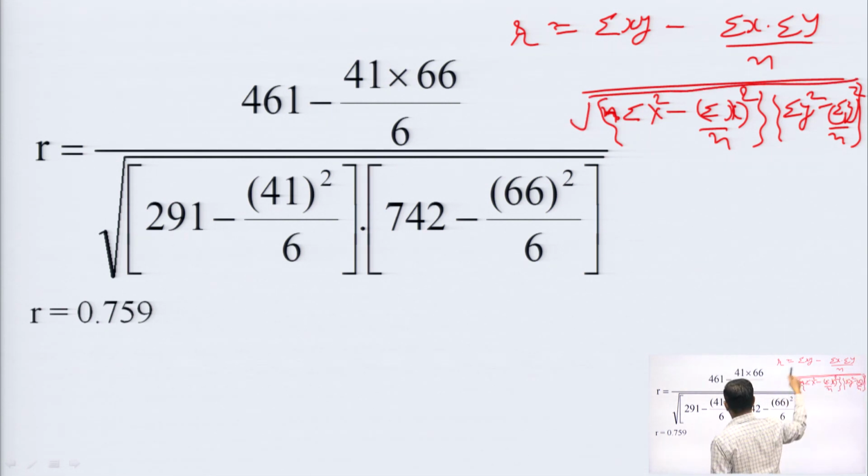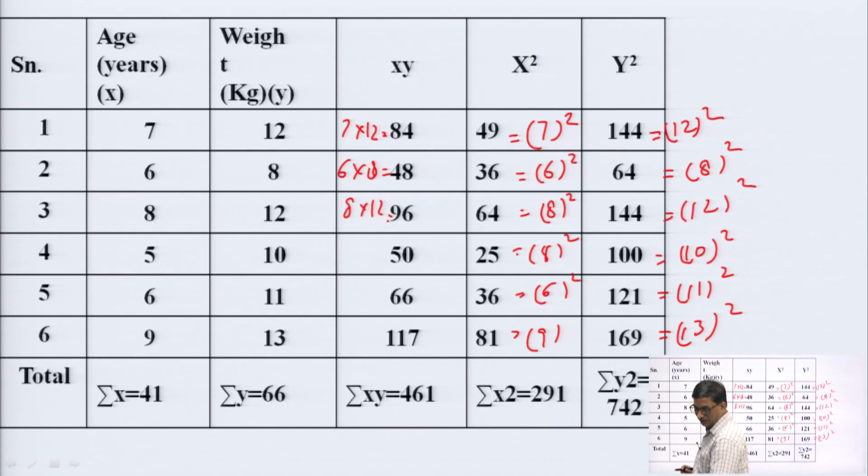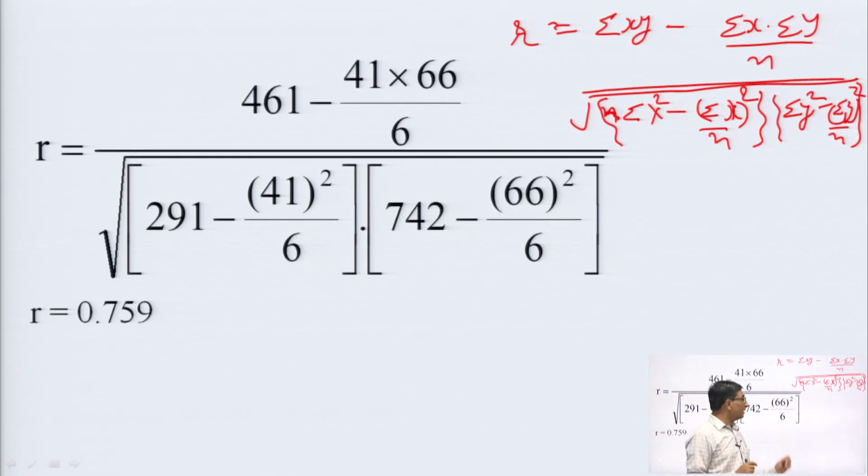Now, summation xy, that means the sum of xy, is 461, and summation x is 41, summation y is 66, and n is 6 as the number of observations in our data.